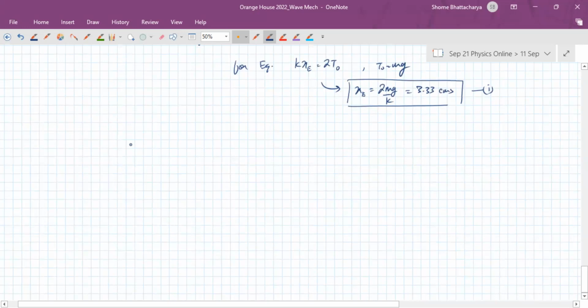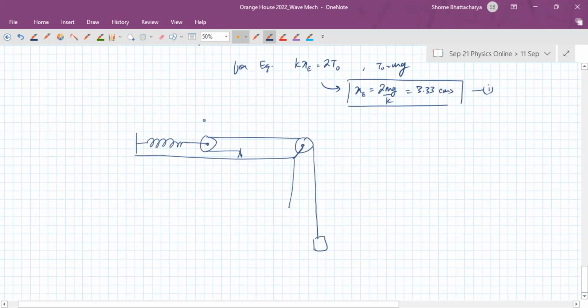So first of all, let's understand that at some point of time, let's say this was the equilibrium position. So we'll take this as a zero displacement position.